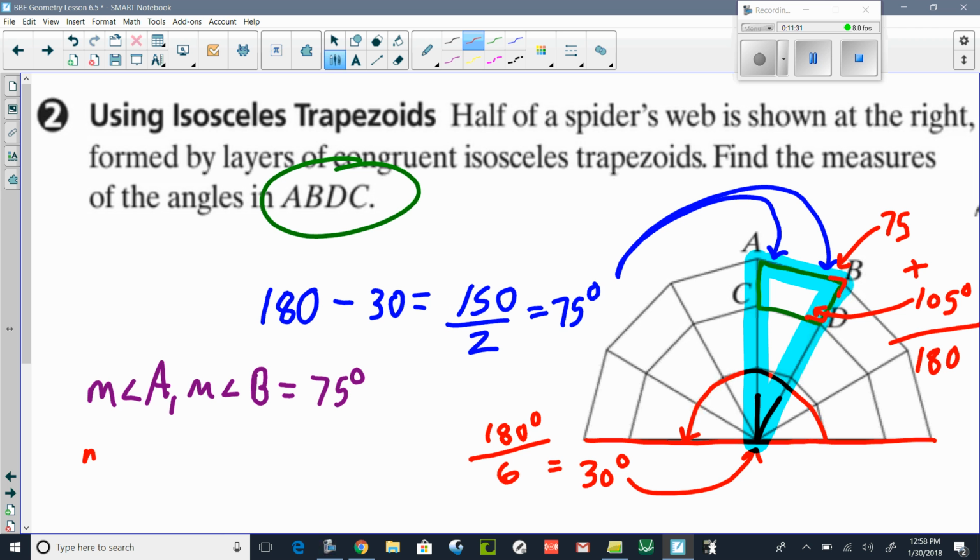And finally, the measure of angle C and the measure of angle D are equal to 105 degrees. So using a few different properties here, but our main emphasis is on the fact that these base angles A and B are congruent, as well as C and D.